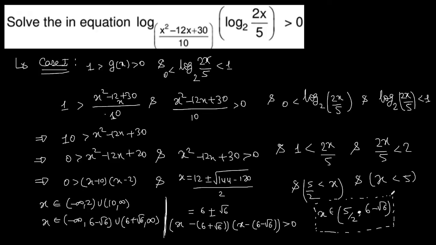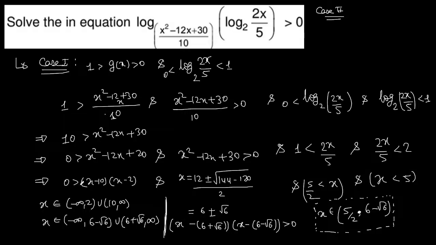We will have to go with case 2. I'm just doing case 2. gx will be bigger than 1. So gx is bigger than 1. So we are getting some numerical like this. So this will be bigger than 0.